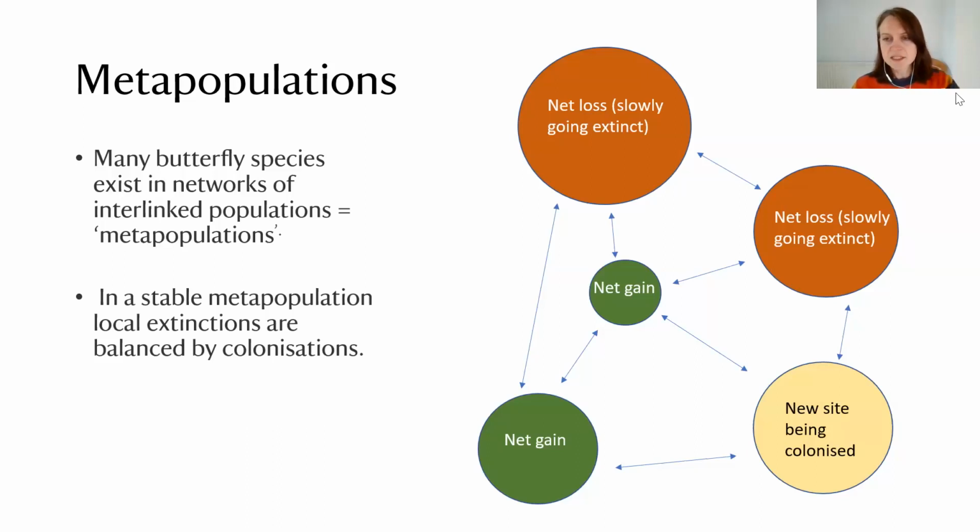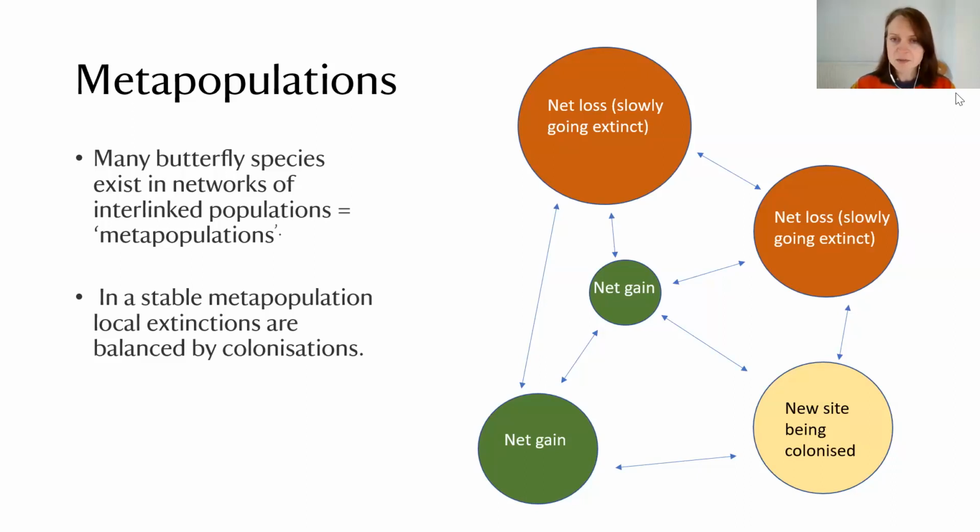So if you look at the diagram on the right, think of these as habitat patches maybe. So we've got two at the top, which are slowly losing individual butterflies. So there's a net loss in those little habitat patches, and the populations within them are slowly going extinct.